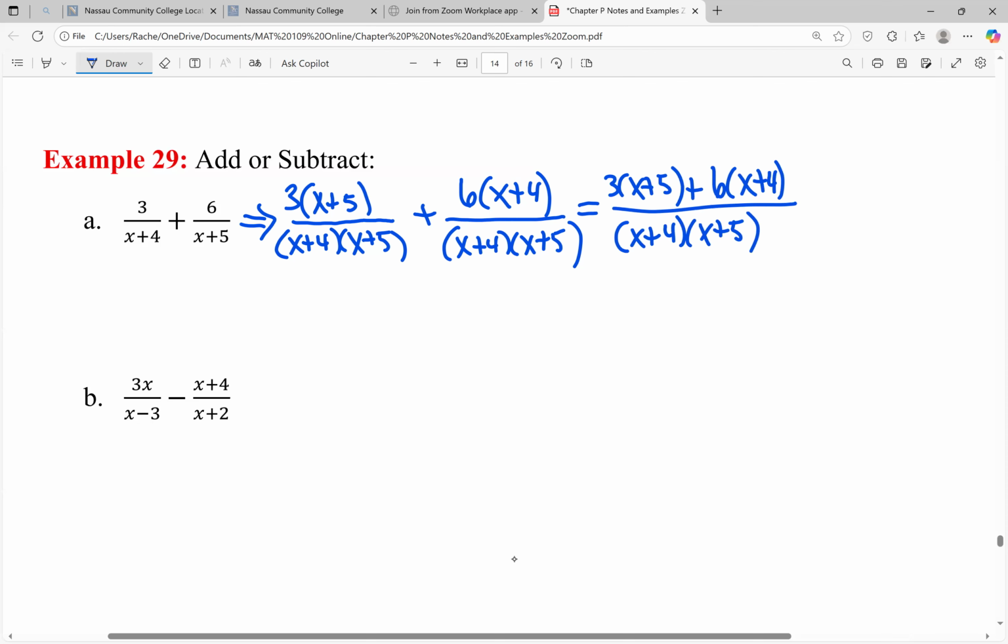And I can distribute and combine like terms in the numerator. So now really we have to think about simplifying. So I'm going to have 3x plus 15 plus 6x plus 24 over x plus 4 times x plus 5.